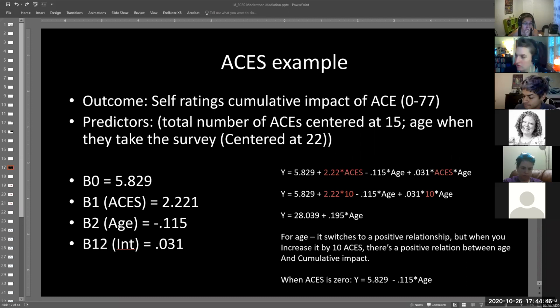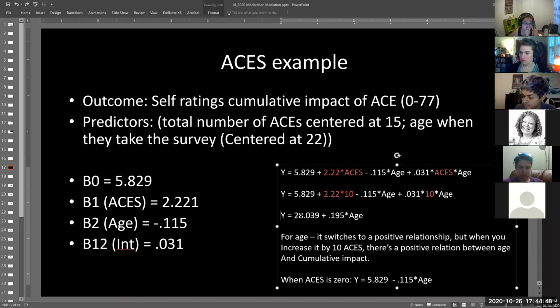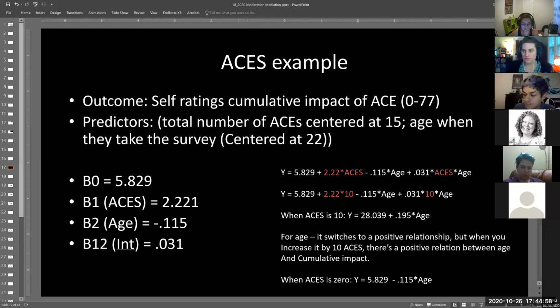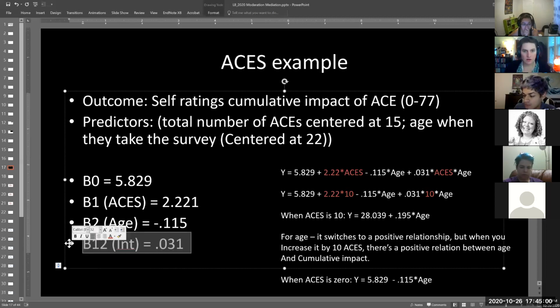Can I ask a quick follow-up too? Yeah. So with this, we would first run the analysis and we would get our chart and see if there's a significant interaction. Once we find out that there is a significant interaction, it's wise to then pick points to see how exactly the relationship changes. Is that when you would do this picking a point?